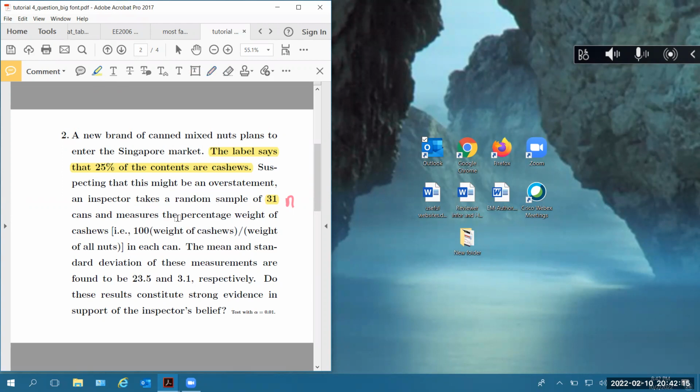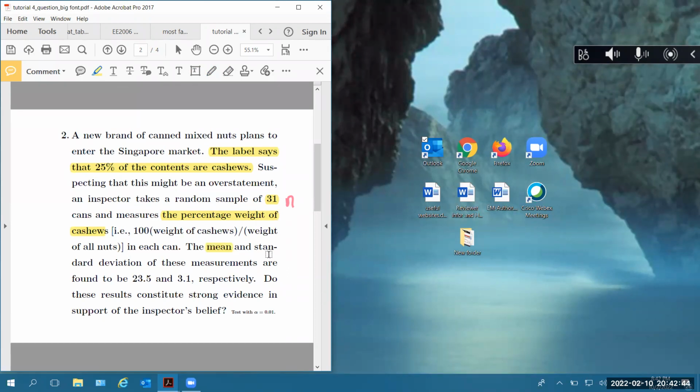We notice that he measures the percentage weight of cashews in each can. Now what is this percentage weight of cashew? It's actually explained here. It's the weight of cashew divided by weight of all nuts, times 100. So that's the meaning. Okay, right. And then we carry on reading. Now the mean and standard deviation.